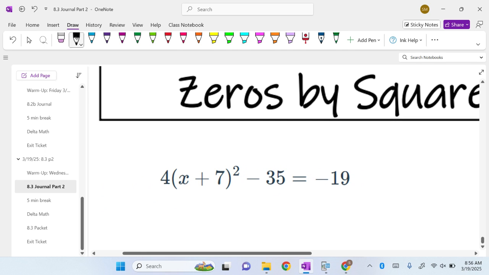So we're going to call this example 12. Write down that problem. This is one that you'll see on your Delta Math. Now, let's identify my squared value. Where is my squared value?